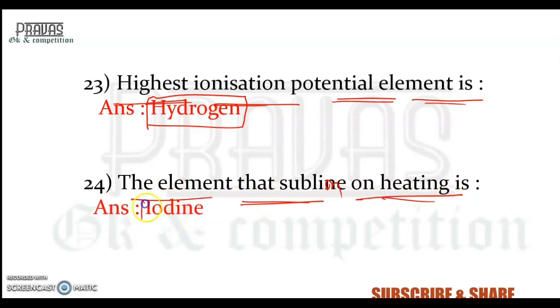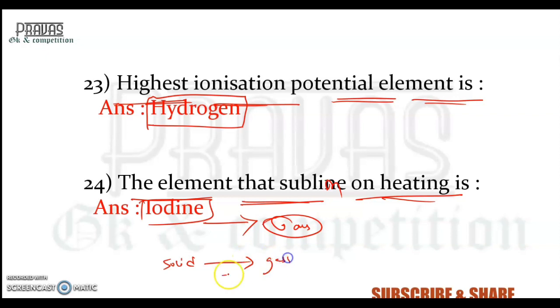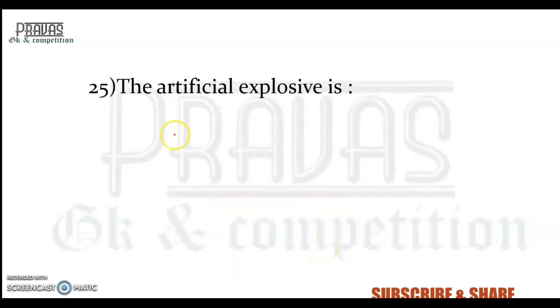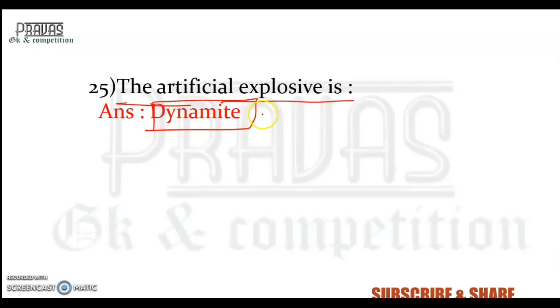Iodine sublimes on heating, that is, it is directly converted into gas. Sublimation is the process in which a solid is directly converted into gas. The artificial explosive is dynamite. Dynamite is also called artificial explosive, which was discovered by Alfred Nobel.